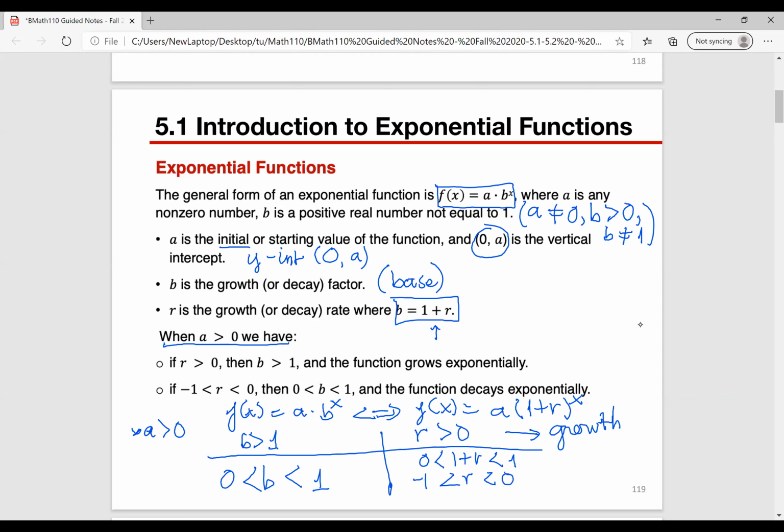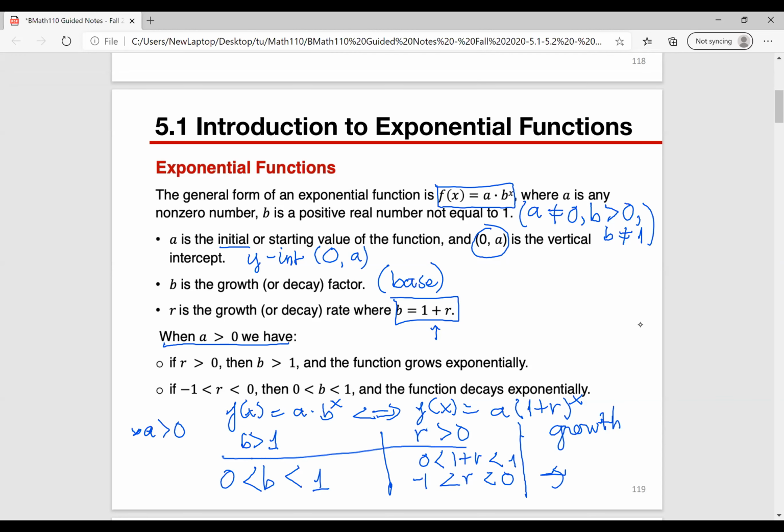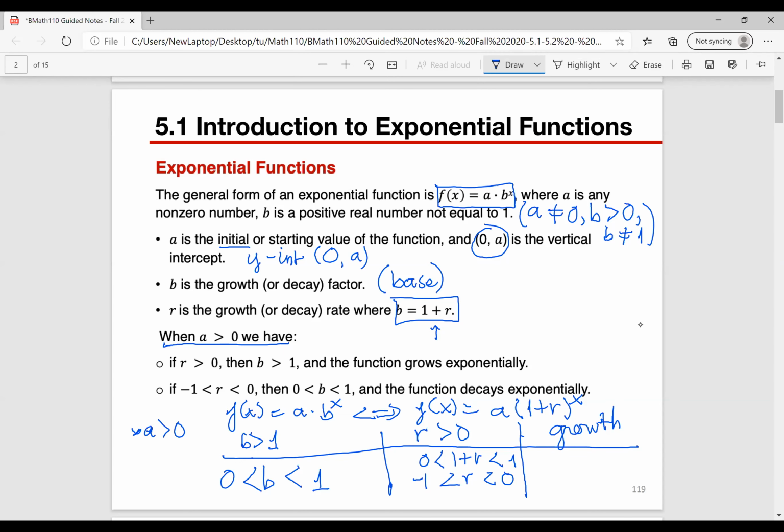So this case will give you a decay rate and decay factor. Okay.